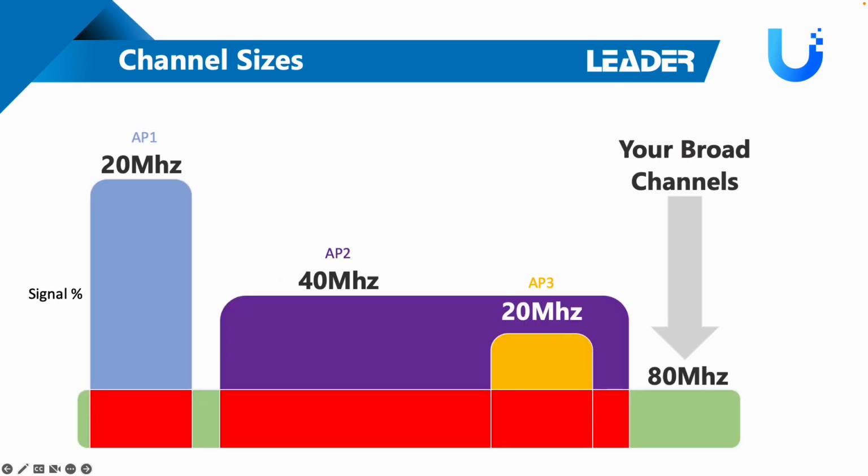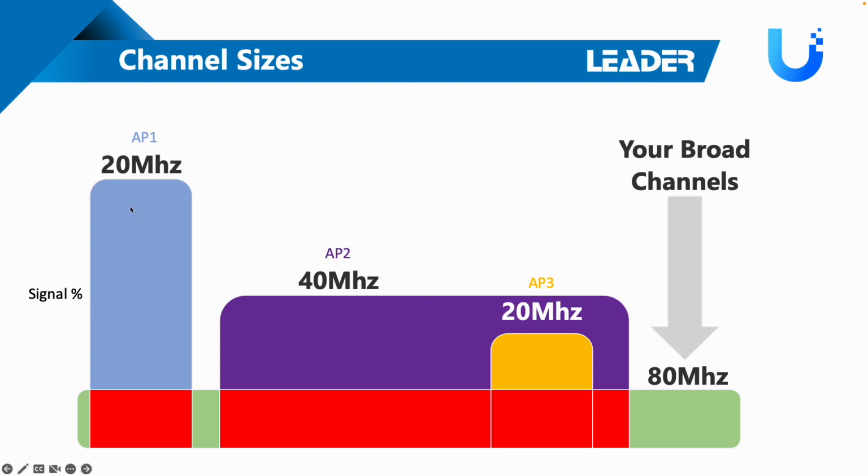So let's look at an example of large channel sizes. This is the problem with using large channel sizes. One of the biggest things is that you have much more potential for interference from other access points. So let's say this is your broad 80 megahertz wide channel, and you've set it up on a specific frequency range. These are your competing access points.